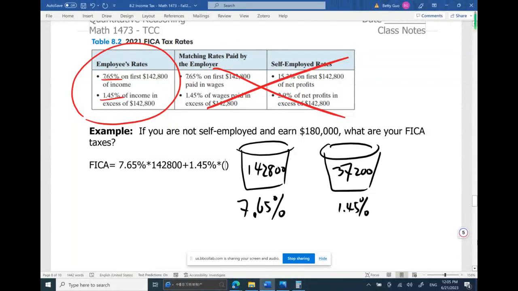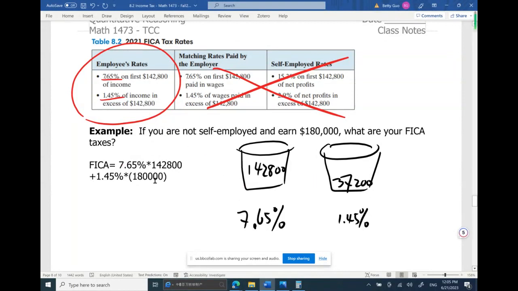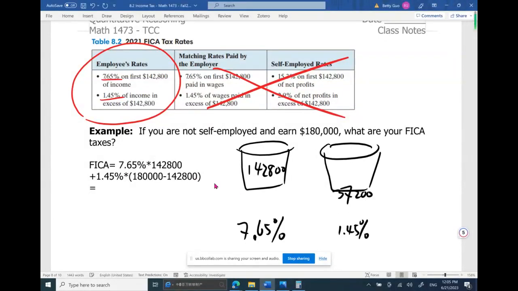We figured out that is 37,200. But if you don't want to do that separately, you can just use your gross income, 180,000, minus 142,800. Let's see what's the value.